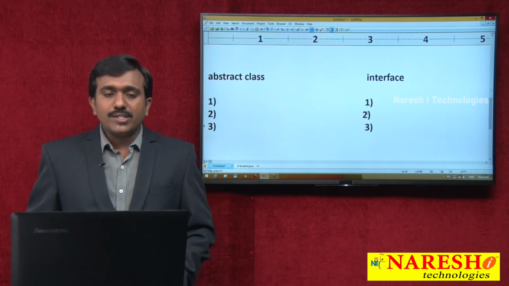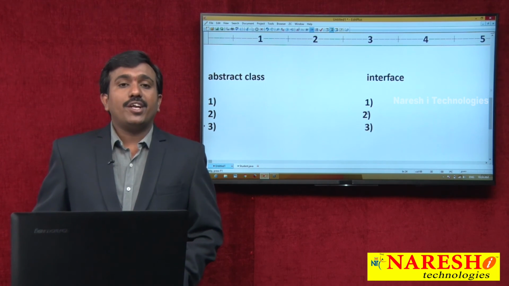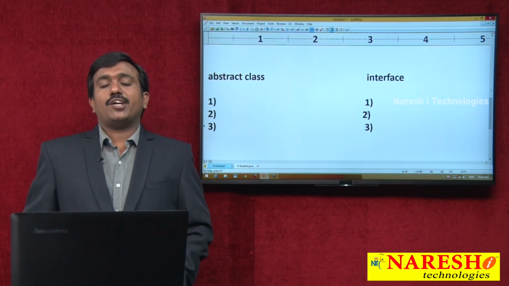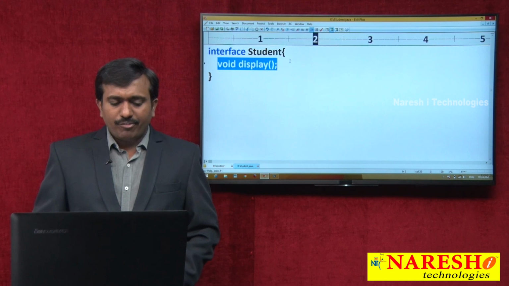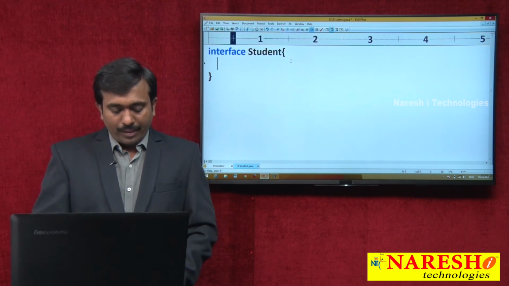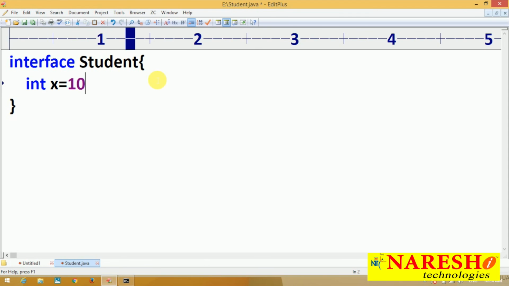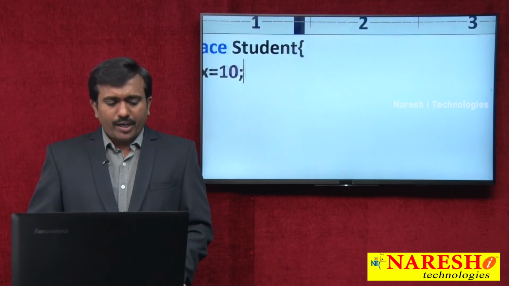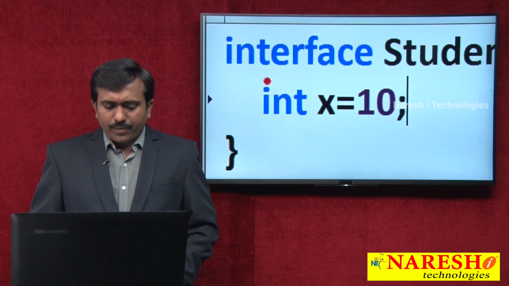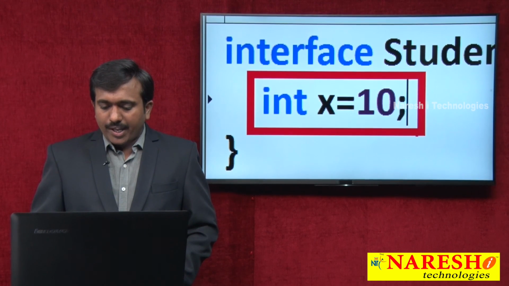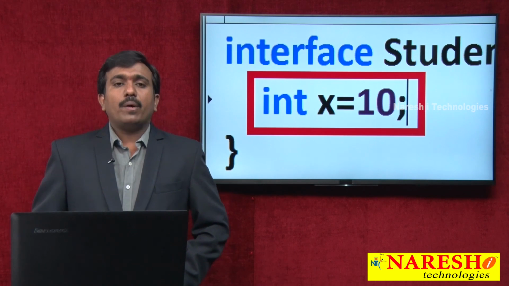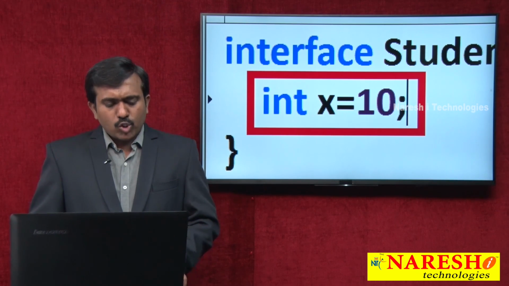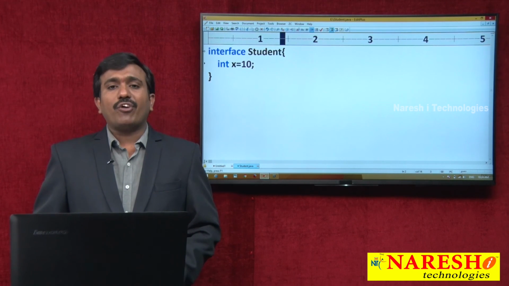So once check whether the interface variables are by default public, static, final. Inside the student interface, I am declaring one variable, int x = 10, but by default this variable is public, static, final. So check whether it is a public, static, final variable or not.